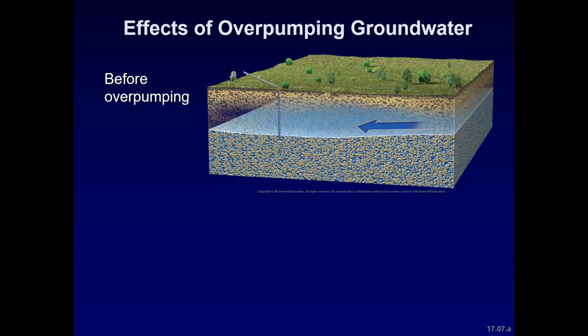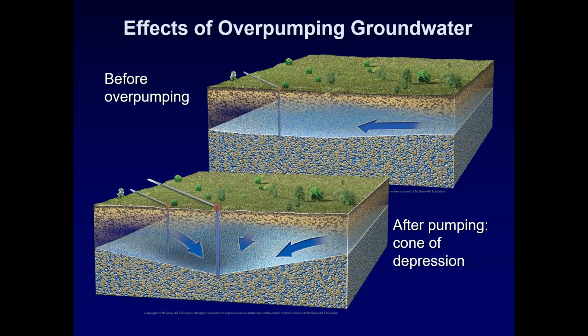Water flows to the left past a small well. But then someone puts a large well in here that can pump a lot of water out. Okay, and a large well causes a cone of depression, we call this, to form in the water table, like a sump, a low area.